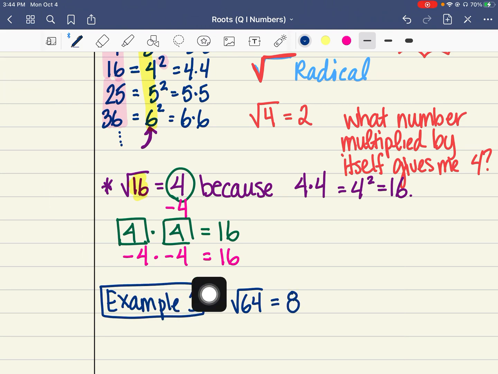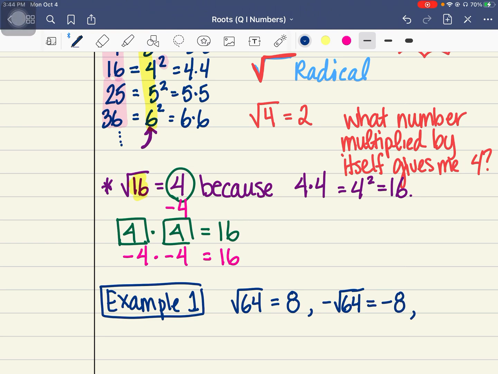If there's nothing in front, it means it's positive. It's called the principal root, so we just leave it positive. If I want the negative answer, I put a negative sign on the outside of the radical symbol. The negative square root of 64 is -8.